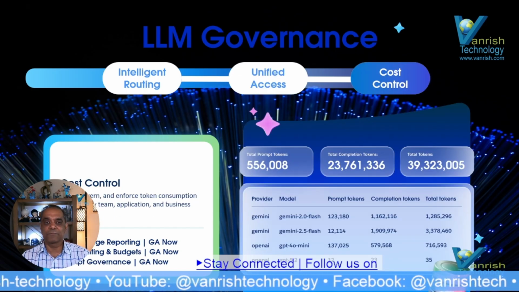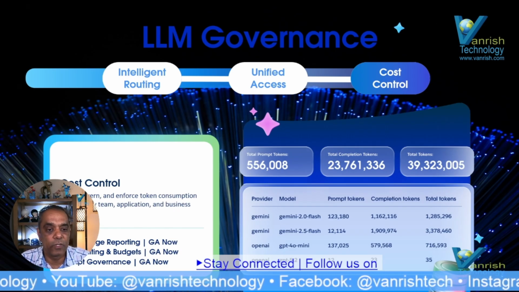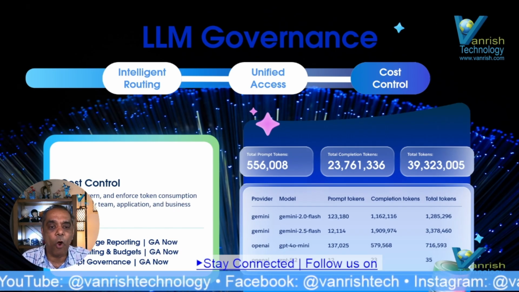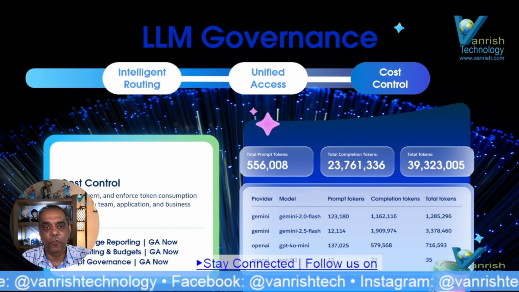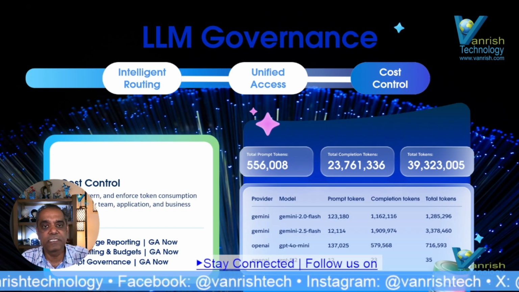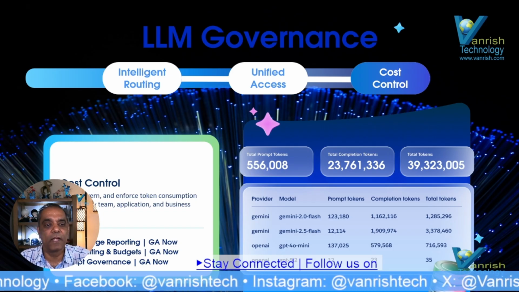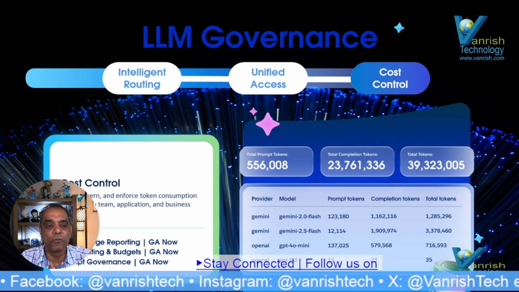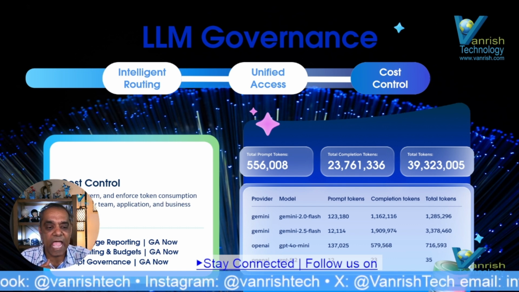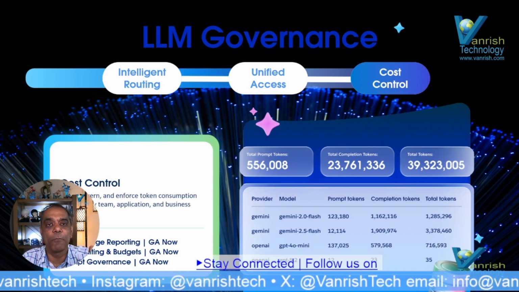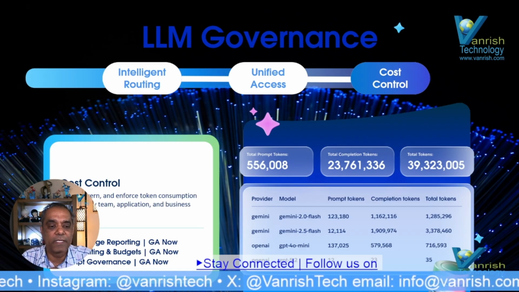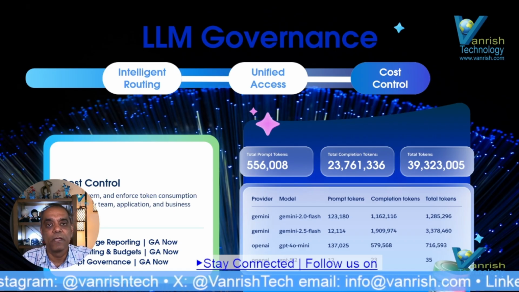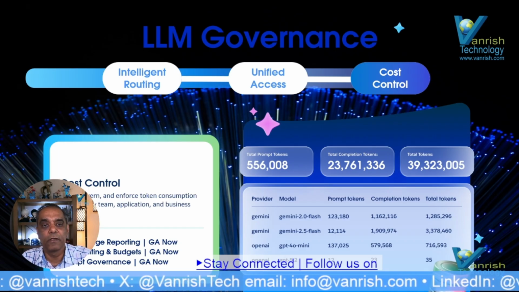And last but not least is cost control. This is one of the important slides for my whole presentation, because I am coming from the management side. I know how things are working, and how I'm struggling is exactly what I'm looking for my team: how I can control all the different pieces, how I can control the different tokens for my team.